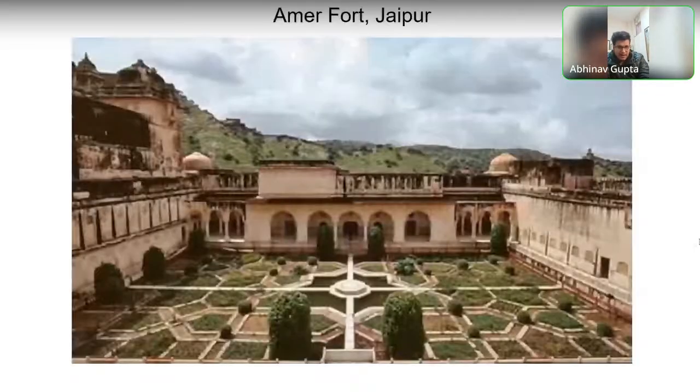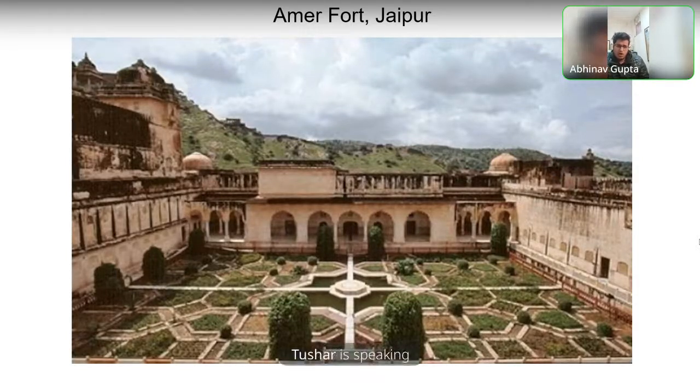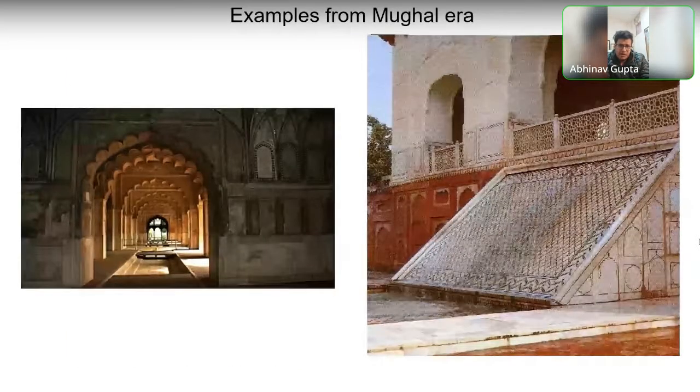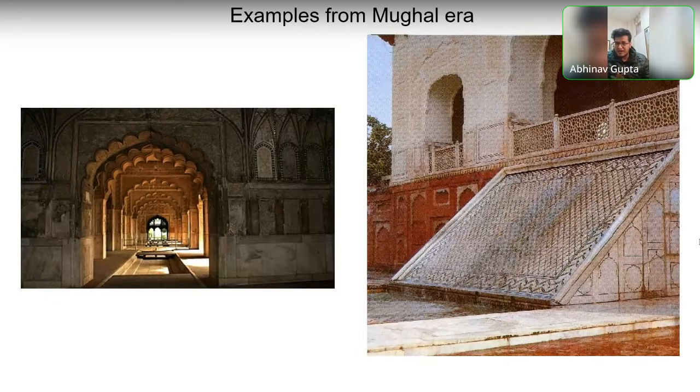As we go into the historical context, you will realize that all old forts and buildings would have a lot of greenery in them. For example, the Amer Fort, as you see in the picture, has a multiple garden concept, has a water body in it. And when we look back into history, there were a lot of passive techniques which would use nature.